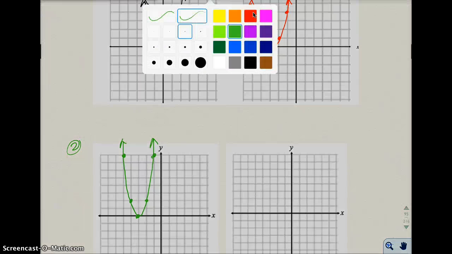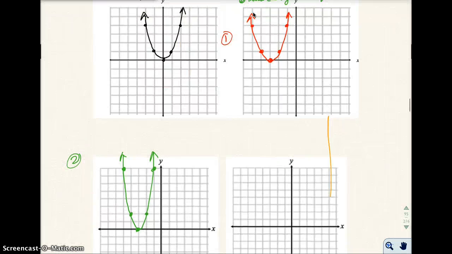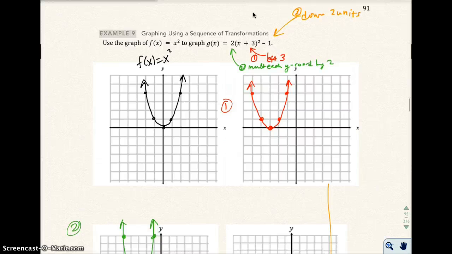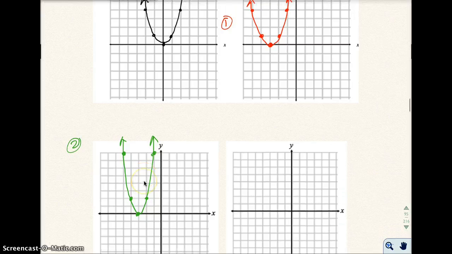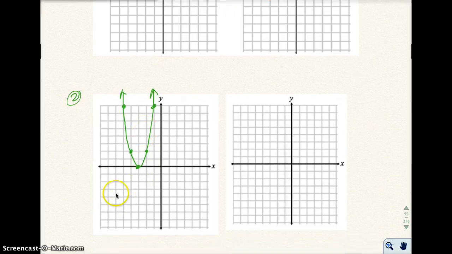In the last step I wrote down 2 units. So everything over here goes down 2 units. So at this point, down 2 would go right there. This one down 2 units would go right here.